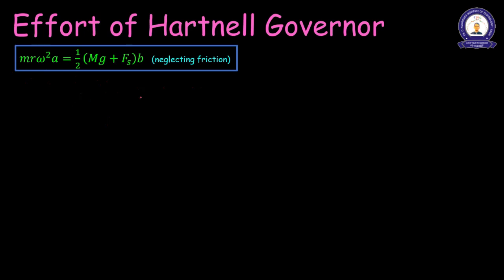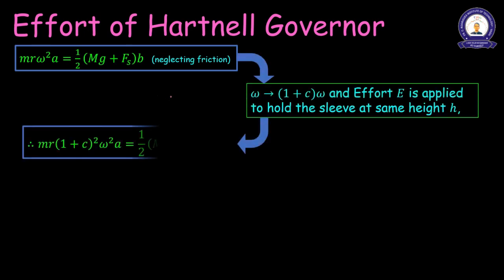Again we apply the same condition, that is, our speed is increased by the factor C. So omega changes to 1 plus C into omega and effort is applied to hold the sleeve at the same height. So this equation will get modified to mr into bracket 1 plus C square omega square A is equal to 1 by 2 mg plus additional force E, plus spring force into B.